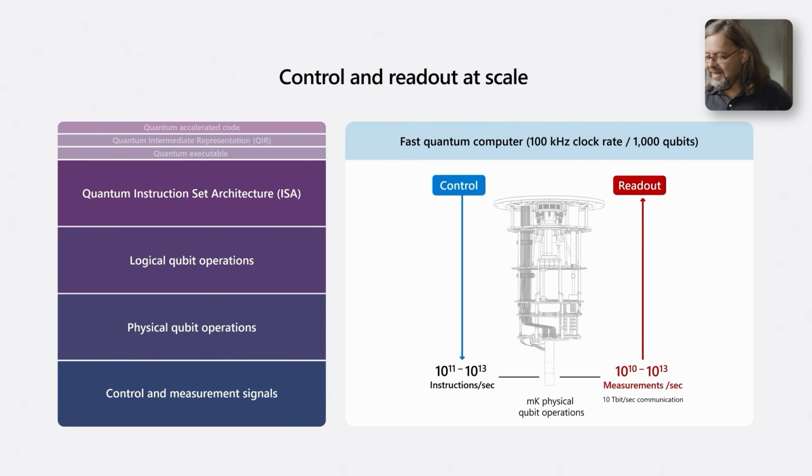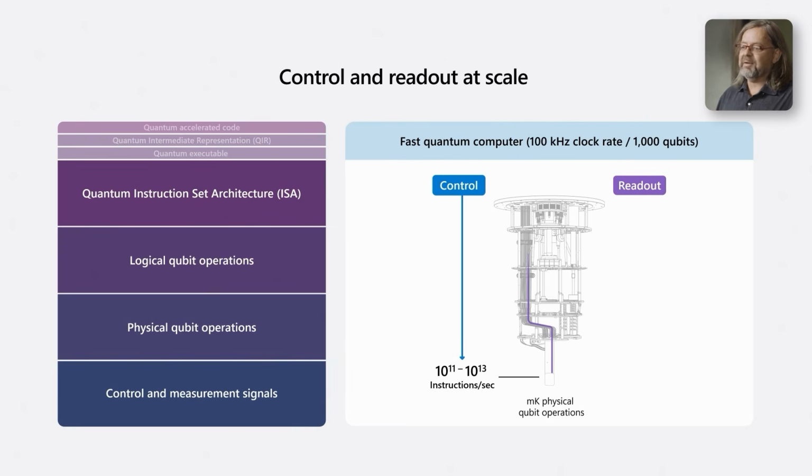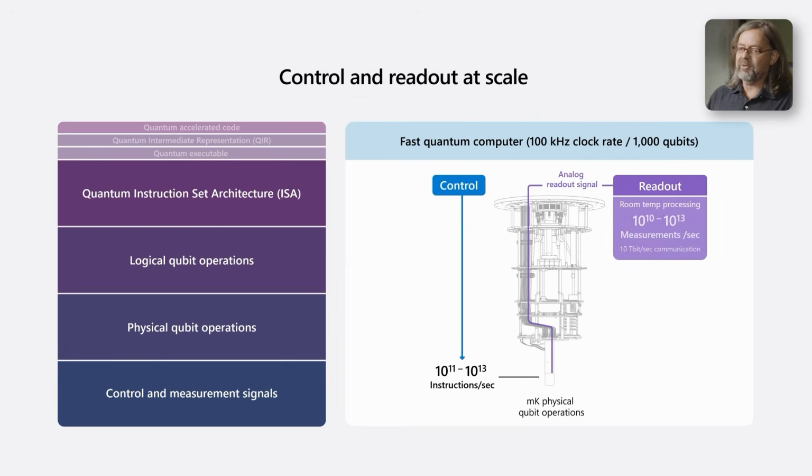Hence, the solution is to send the analog readout signal up from the qubits, amplify the signal, bring it up to room temperature, and then process the measurement signals at room temperature. That makes things much easier, but it also has an impact on the architecture and the time I have, the latency for feedback.